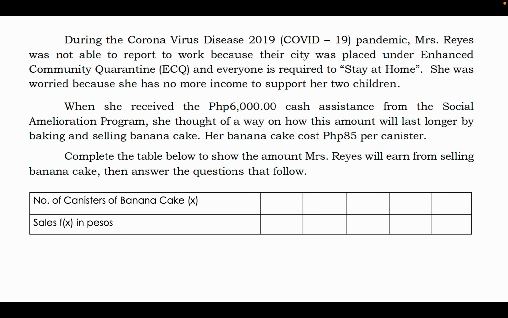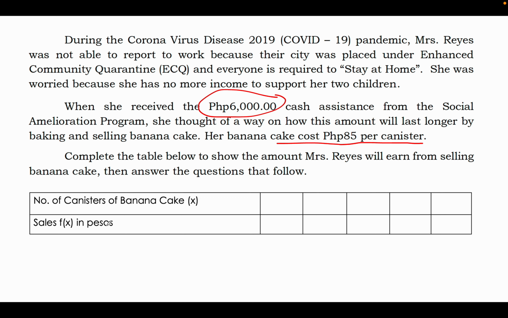So, ang ginamit niyang capital sa pagbenta o paggawa ng banana cake, yung nakuha niya sa amelioration program na 6,000 pesos. Okay? And her banana cake here cost 85 pesos per canister. Okay? Bawat lalagyan na yon, tinatawag niya na canister.